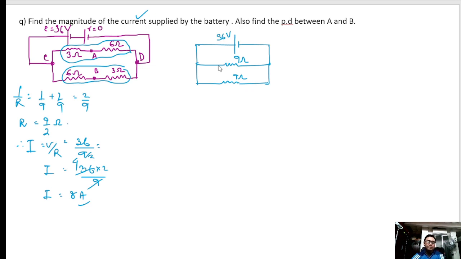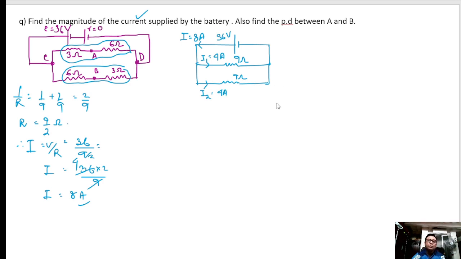So current coming out is how much? Current coming out is 8 ampere. So voltage across 9 ohm is 36 volt. So how much current will enter here? Current which will enter here will be 36 by 9, which is 4 ampere. So current entering here will be 4 ampere also.